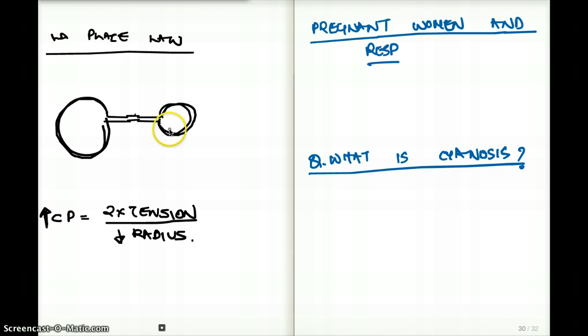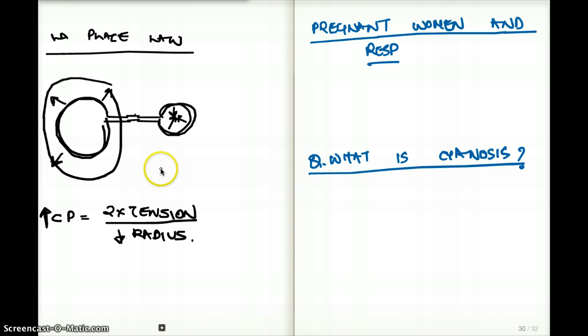Since the radius is low, the pressure is going to increase inwards, and this is going to collapse, making this one bigger in size. The smaller sphere is going to collapse if we open the clamp, because all the air is going to move because of the surface tension.